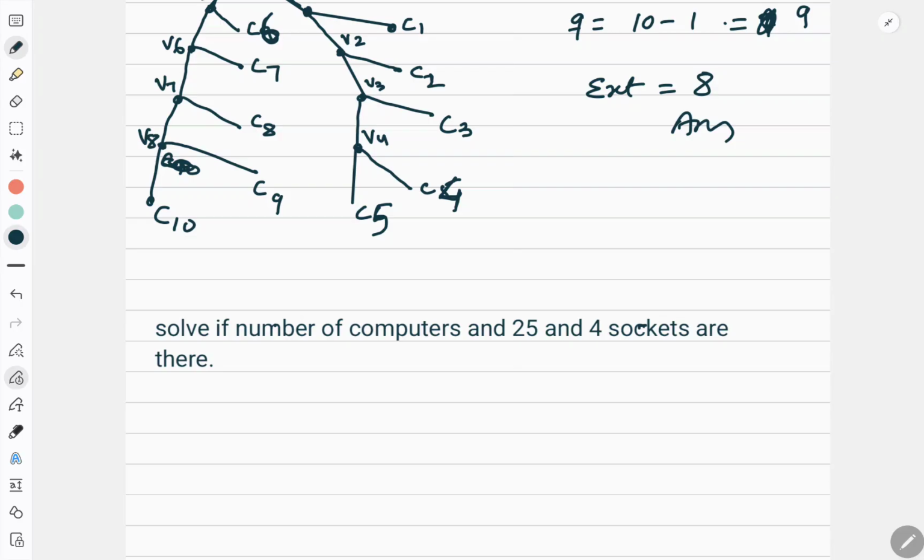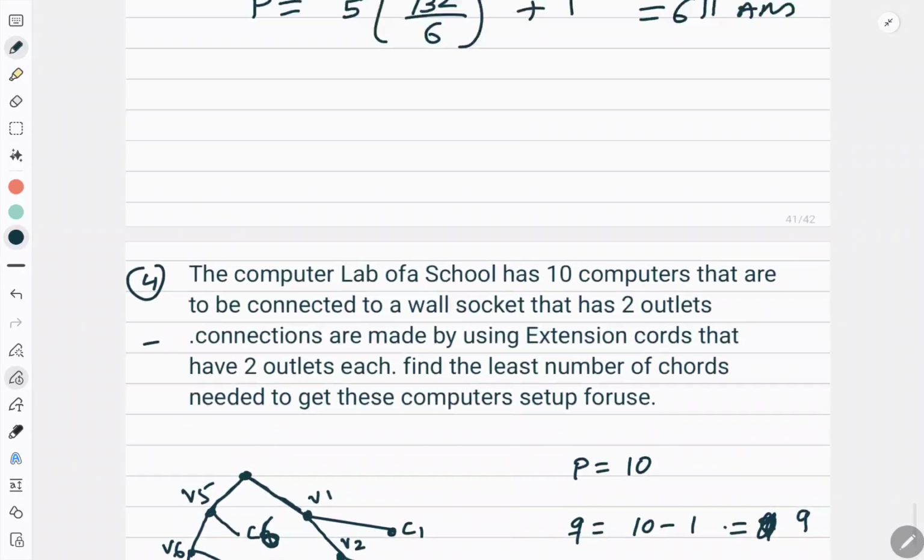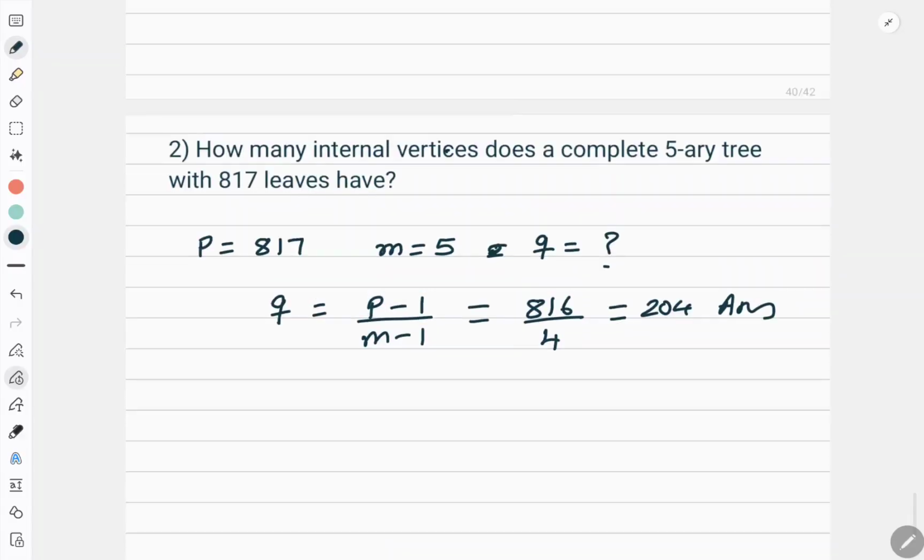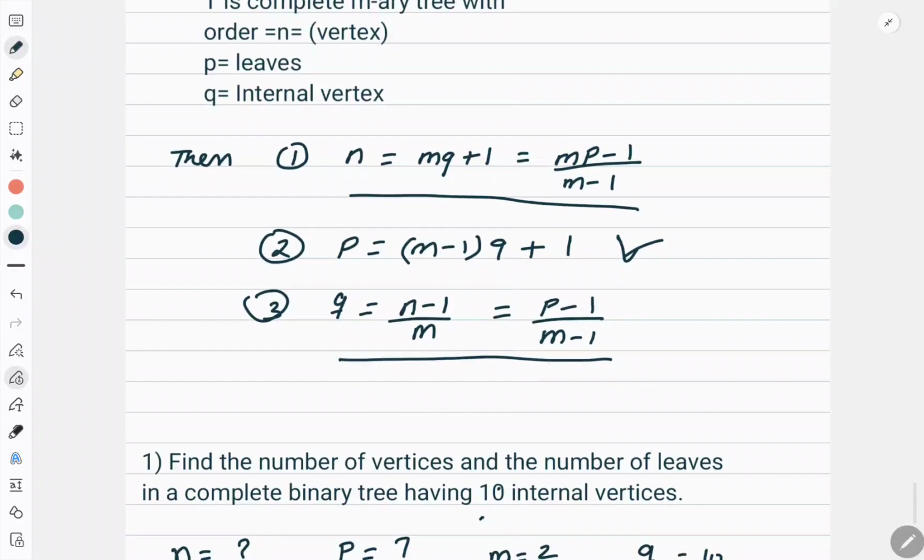If I go by the formula, obviously you can't draw with 25 computers. So my P is equal to 25. Okay. And M is equal to 4. Now it is not 2, now M is equal to 4. Correct. So what is my formula? Now you go back and check, which formula am I applying?